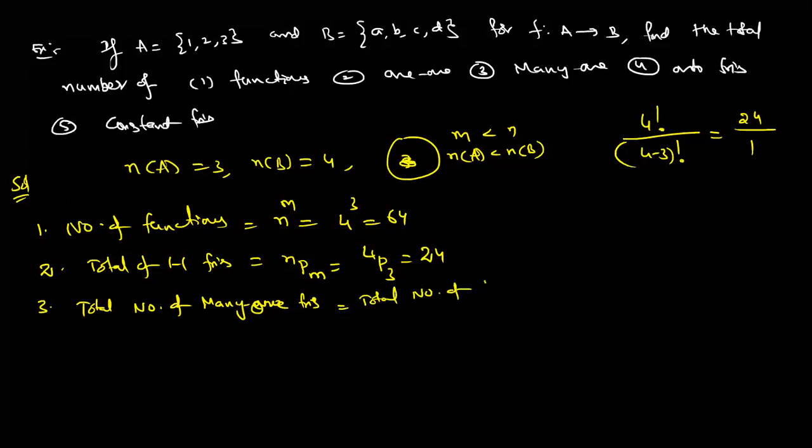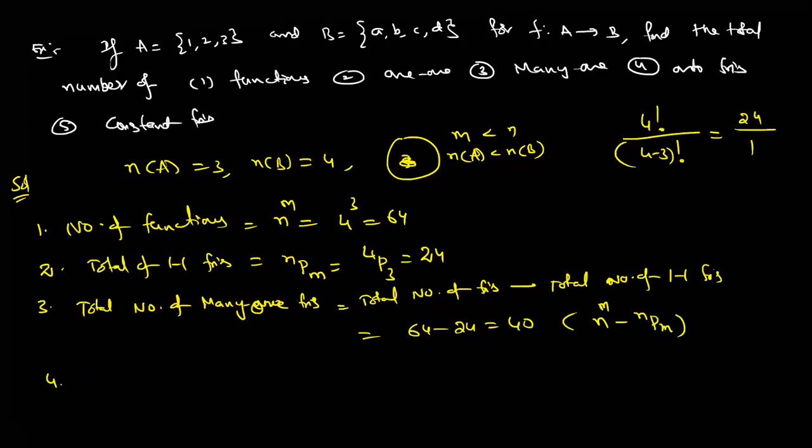Total number of functions minus total number of one-one functions. How many are there? 64 minus 24, that is 40. Otherwise, you can apply the formula. What is the formula? n to the power m minus nPm. That's all. Fourth one, get ready.